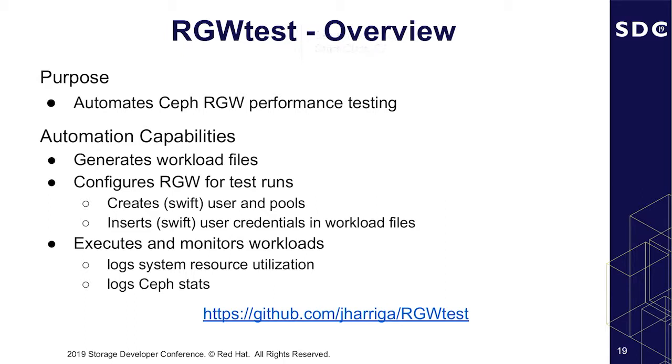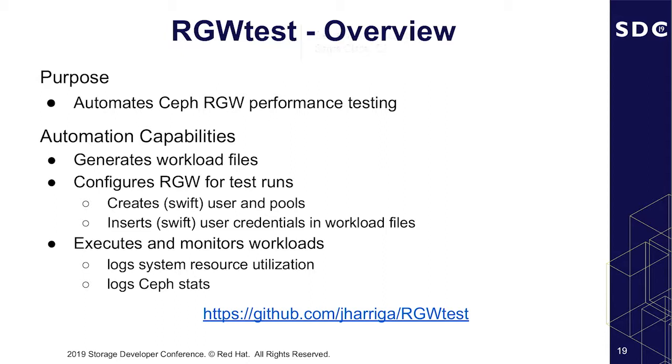Now, I mentioned RGW test. This is the harness that will run the workloads. And it actually also has capabilities for generating workload files as well. But you can take workload files from Gen XMLs and run those here.